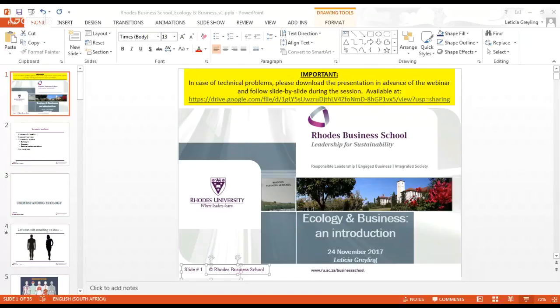I want to get back to our capitals model, and that's on the next slide, slide 23. Now, I'd shown you before the natural capital component, not just our ecosystem services, but also the actual resources that we use and the aesthetics of nature. As you can see from this pyramid, the top bit of our pyramid is the built capital.